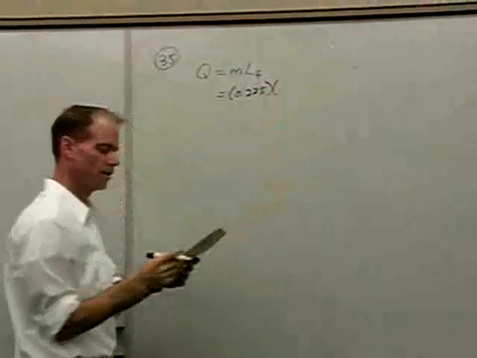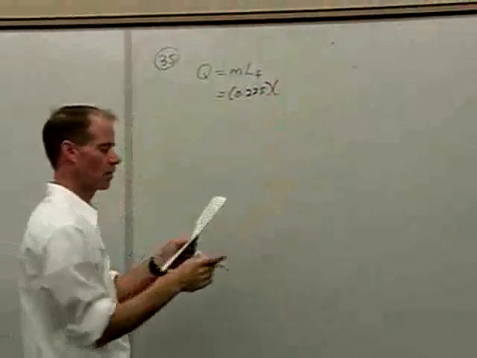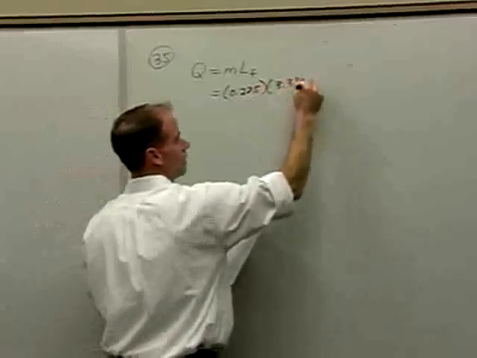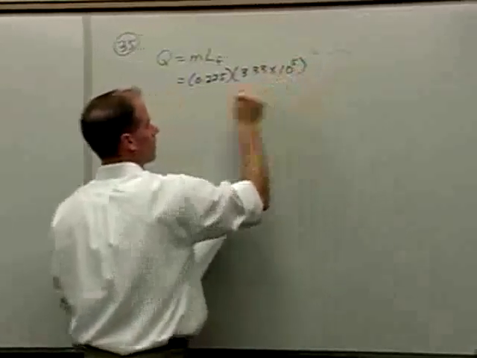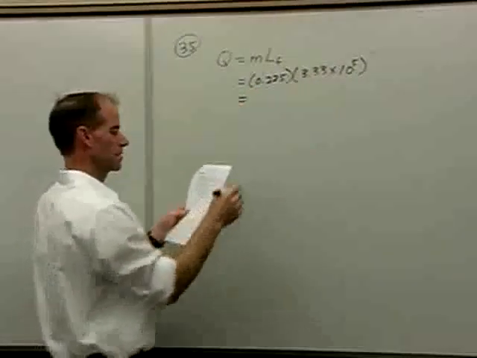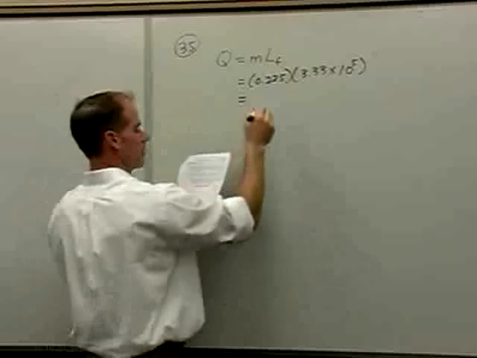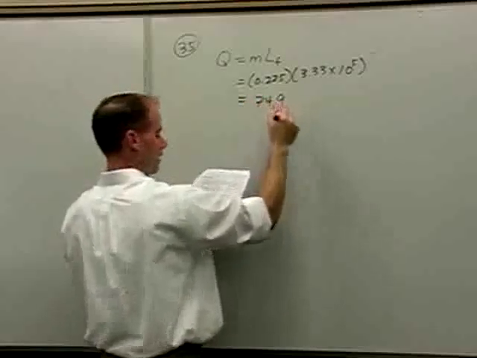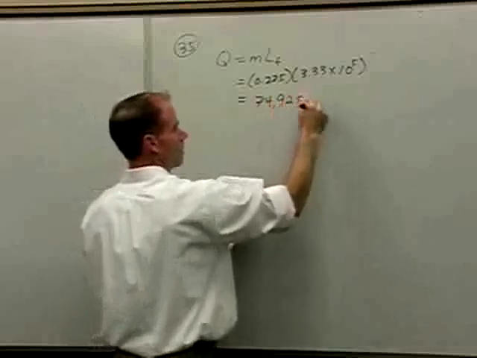And we're given the latent heat of fusion for water is 3.33 times 10 to the 5 joules per kilogram. So this is 74,925 joules.